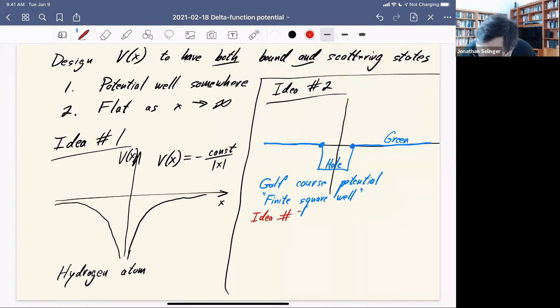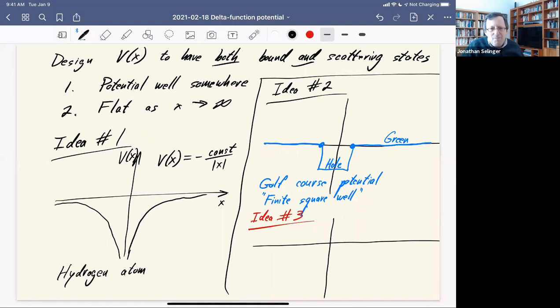idea number 3, okay? So for idea number 3, let's say we go with the golf course potential, but I'll make the hole extremely narrow and extremely deep. Right? So that is, I'm going to take the limit as the hole gets really narrow and really deep.